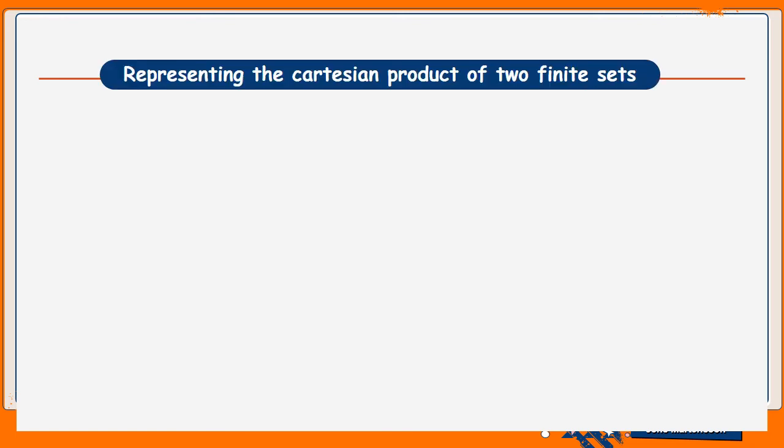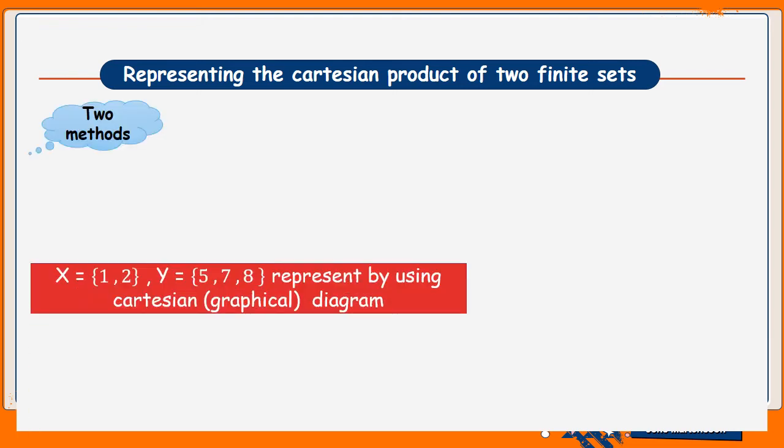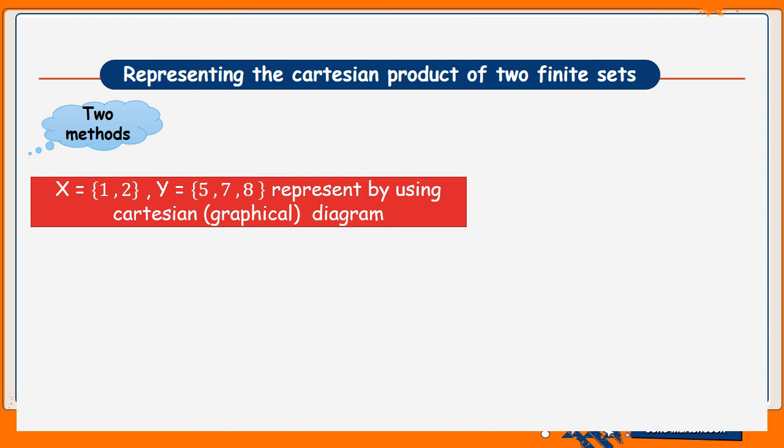Another method is the Cartesian diagram. The Cartesian diagram is represented by a horizontal line and a vertical line.